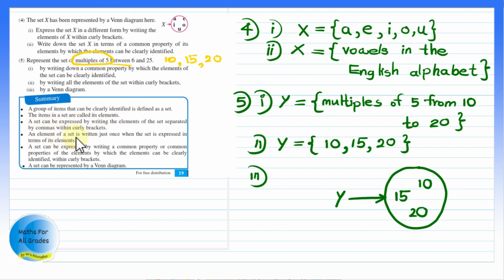An element of a set is written just once when the set is expressed in terms of its elements. A set can be expressed by writing a common property or common properties of the elements by which the elements can be clearly identified within curly brackets. And finally, a set can be represented by a Venn diagram.